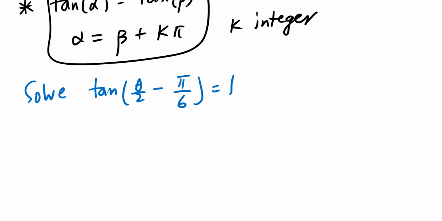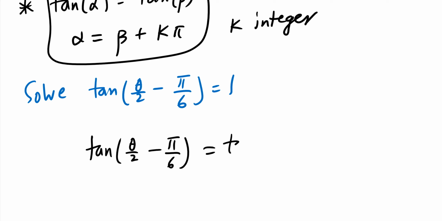This means solve it. The first thing we do: on the left side there's only tangent, and on the right side, the smallest angle on the unit circle whose tangent is 1 is 45 degrees, or equivalently pi over 4 radians.